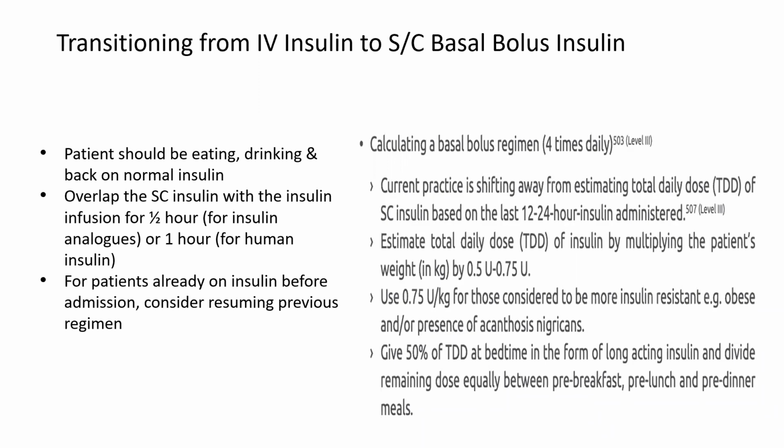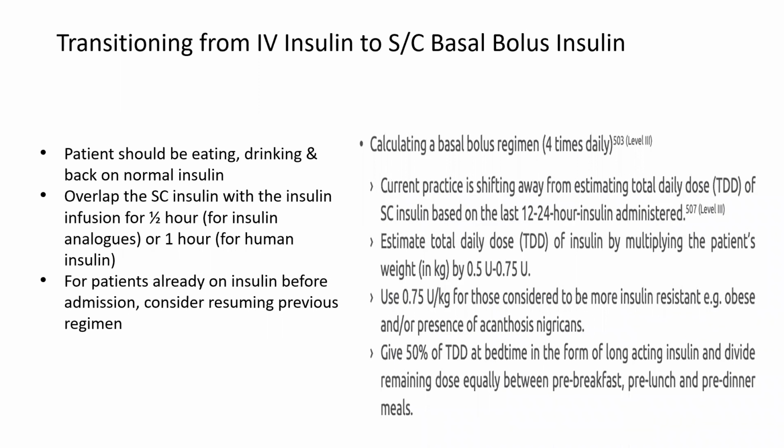But now we are actually estimating the total daily dose based on 0.5 units per kg or 0.75 units per kg. We use the higher 0.75 units per kg for patients that are more insulin resistant. If you see the patients a bit obese, with presence of acanthosis nigricans, then we can use that. So for example, with 0.75, we multiply it by the weight, and then 50% of the value that we get, we give in the form of long-acting insulin.